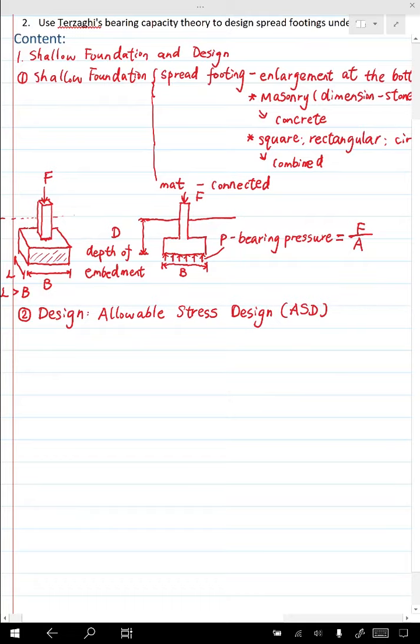We can use one simple criteria to tell how to use ASD. That is, we have something called a load or demand. Should be smaller than the ratio between capacity and the design safety factor.